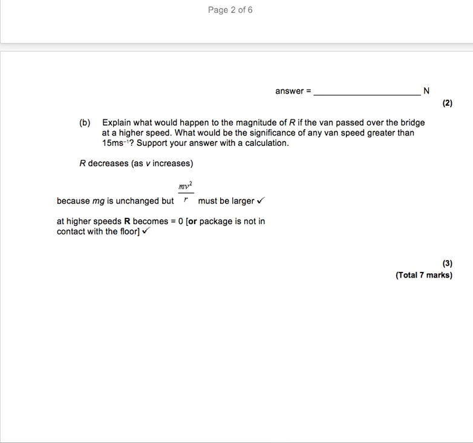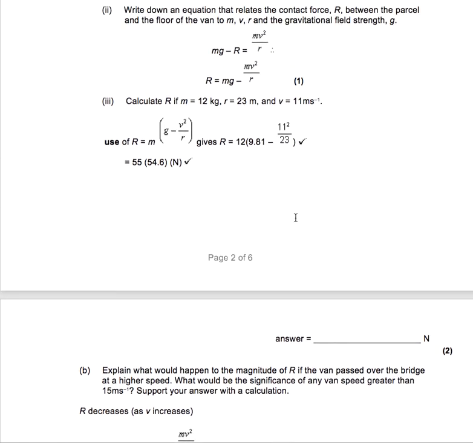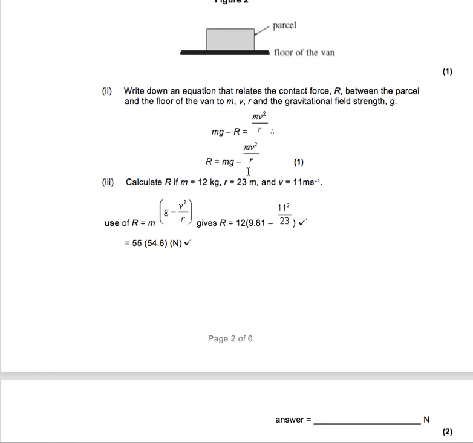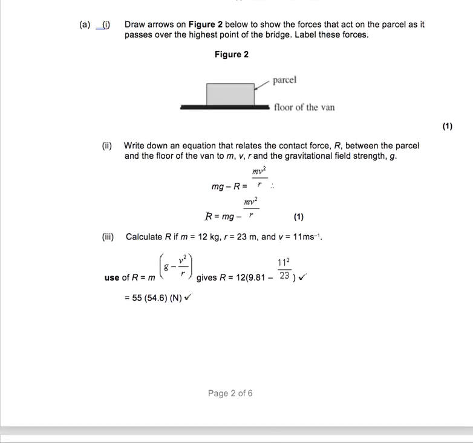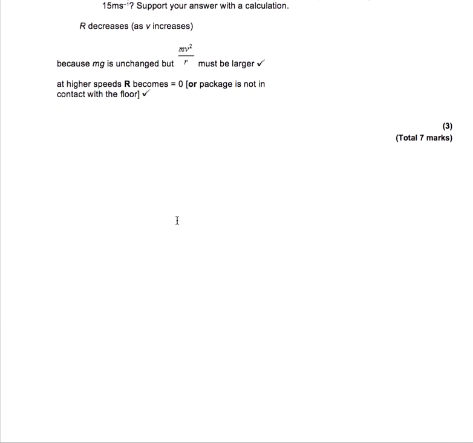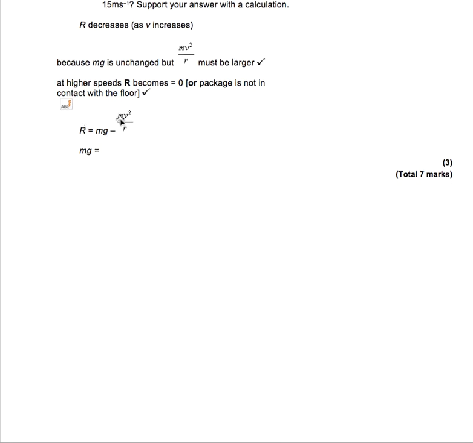And if you go back to your expression, R equals mg minus mv squared over r, you're going to say that mg equals mv squared over r.